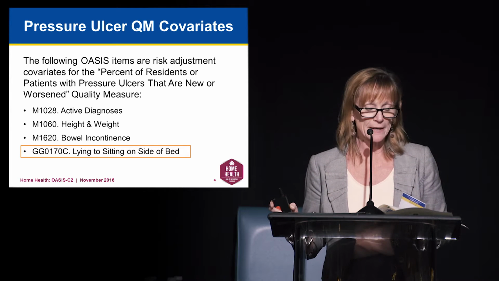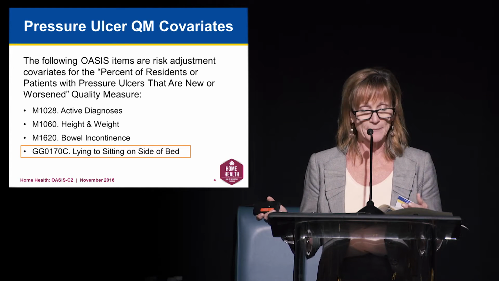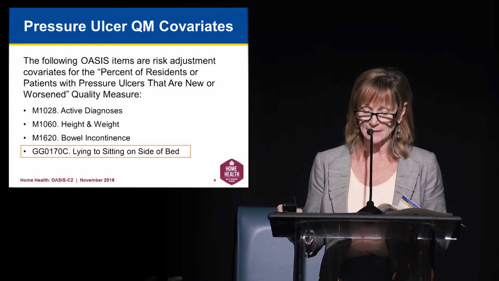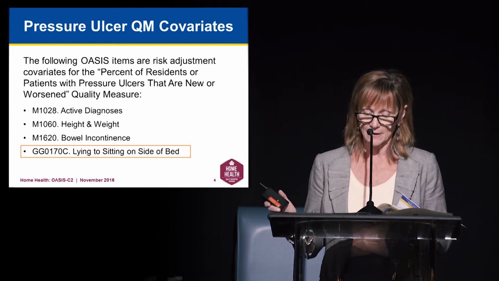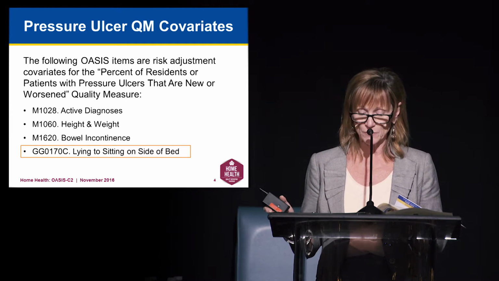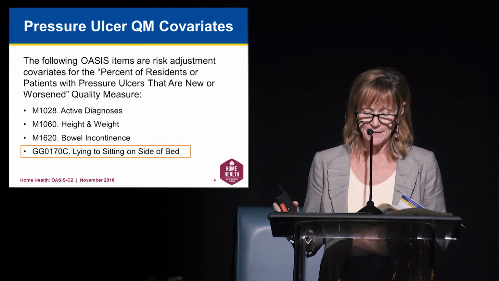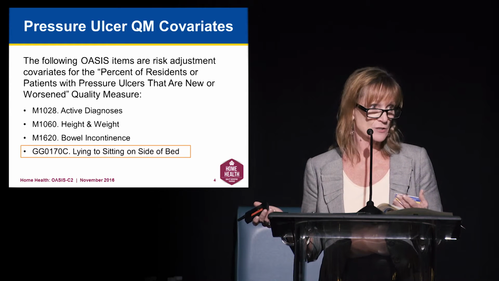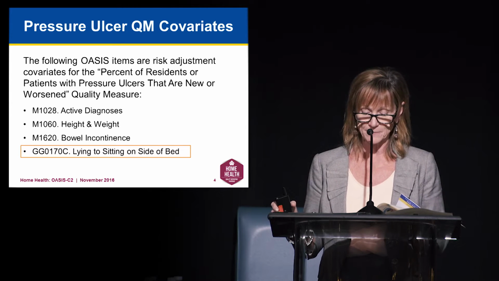So we talked a lot about the quality measure covariates. Both Nicole Keene and Ann Spinard talked about covariates, that they are one of the 3 risk adjustment types, and that they are patient characteristics that affect a certain outcome for our patients.